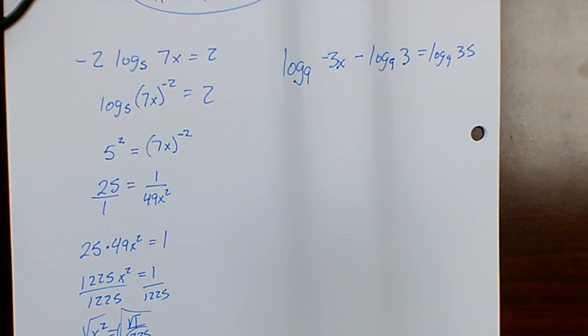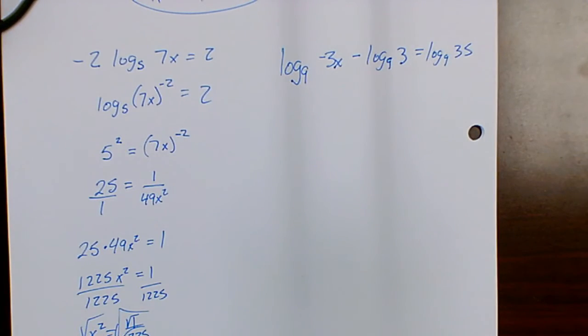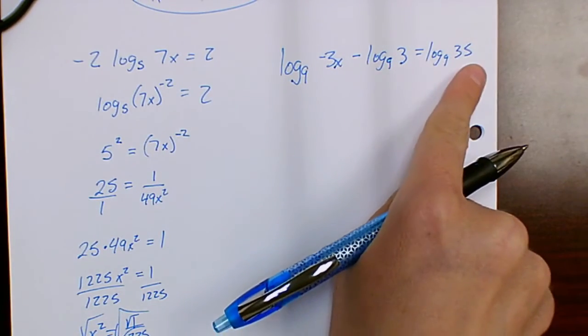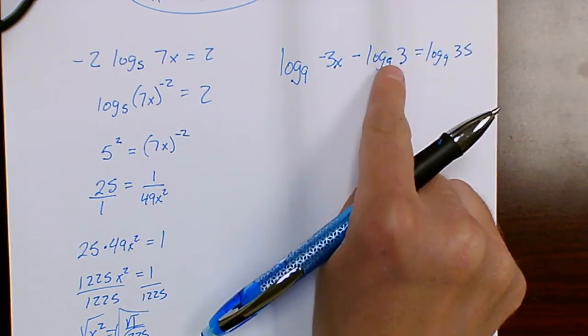Okay, so this one, ooh, goodness. So we have lots of things going on. We have only one x, lots of logs going on, but if you can see, we have no x's in here. So these are just numbers, especially this one.